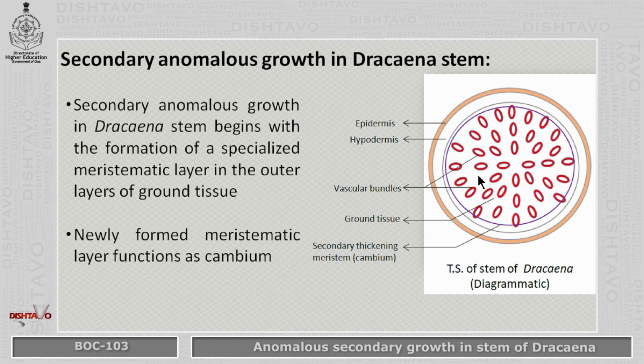Secondary anomalous growth in the Dracaena stem begins with the formation of a specialized meristematic layer outside the vascular bundles in the ground tissue. This newly formed meristematic layer functions as cambium.